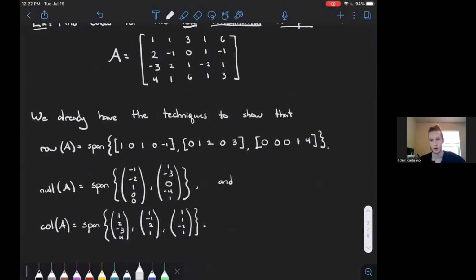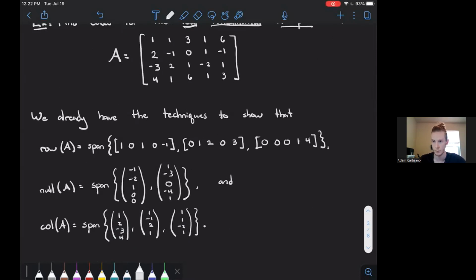But for row A, we row reduce the matrix and then figure out how many linearly independent rows we have. Whichever rows don't reduce to zero become a basis for the row space. After row reducing, we have some row reduced matrix.